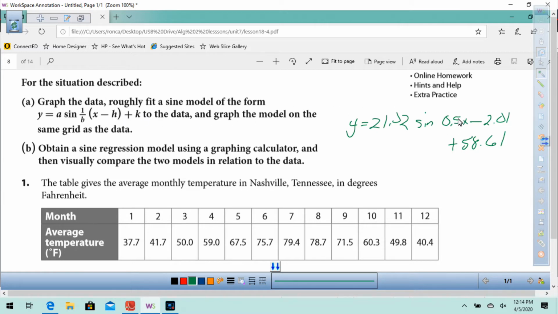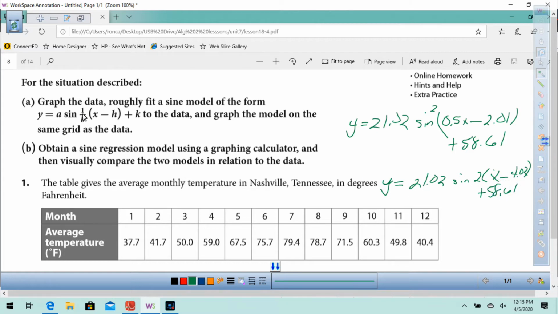Now, that's not exactly like the form we need. We have to get rid of the 1/2. So to do that, we'll multiply this by 2. So we'll have y equals 21.02 sine, and that's going to be x minus, and if we multiply all of that by 2, that gives us x minus 4.02, and then plus 58.61.